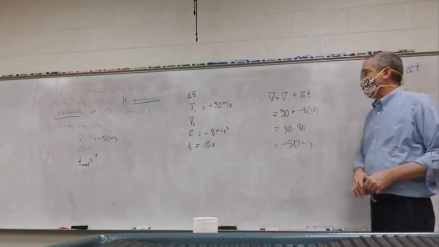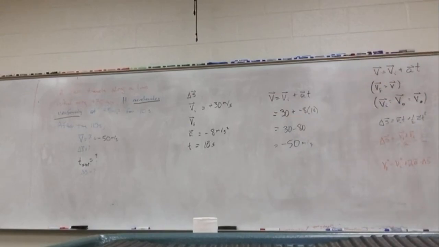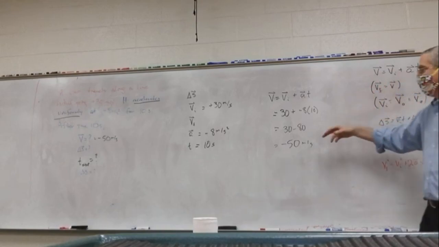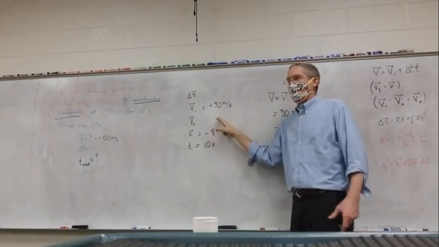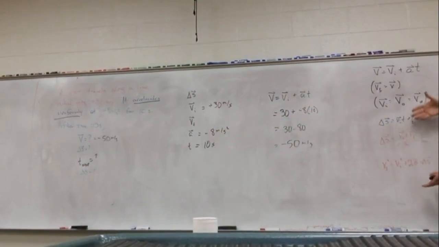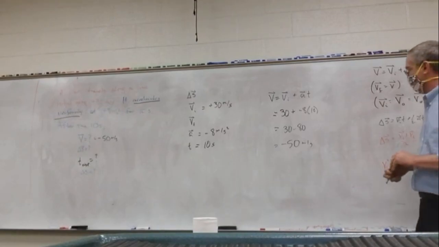Next one, displacement. Well, actually I know this point, I know this one, so all I need is an equation that has delta S in it. Any one of these three will work. There's the vote for the third one, all right.